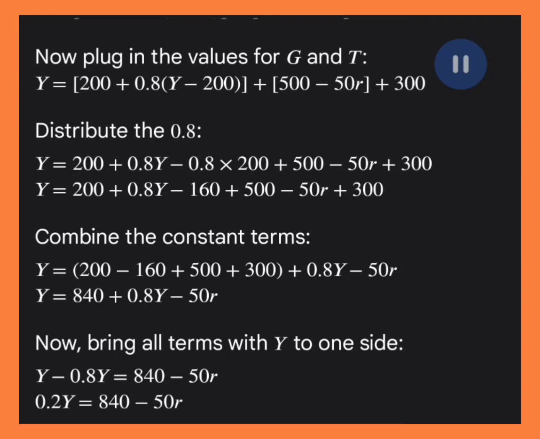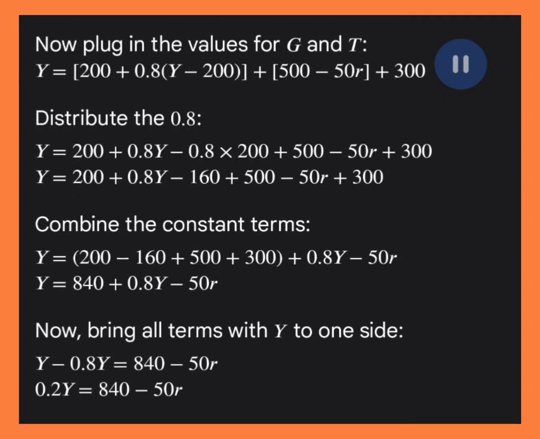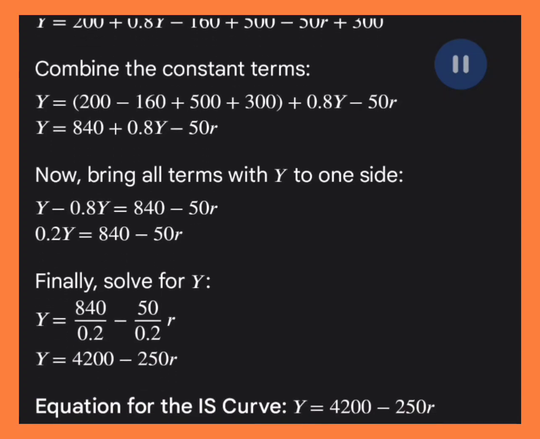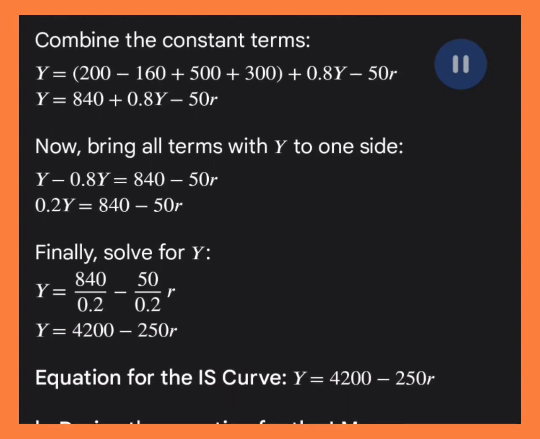Combine the constant terms. Y equals 200 minus 160 plus 500 plus 300 plus 0.8Y minus 50R. Y equals 840 plus 0.8Y minus 50R. Now bring all terms with Y to one side.